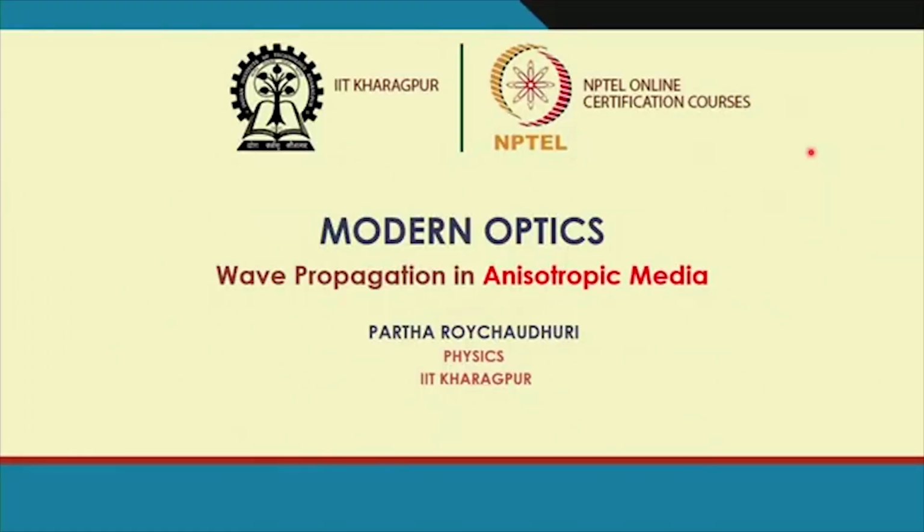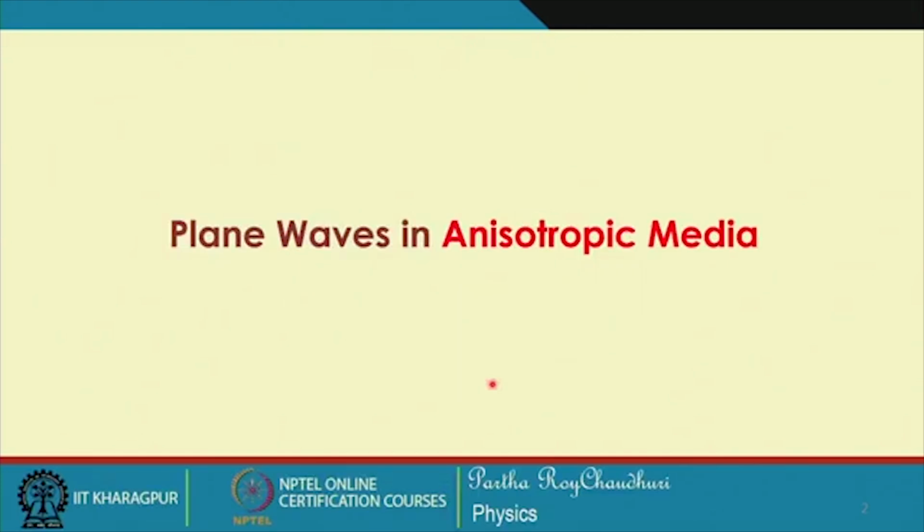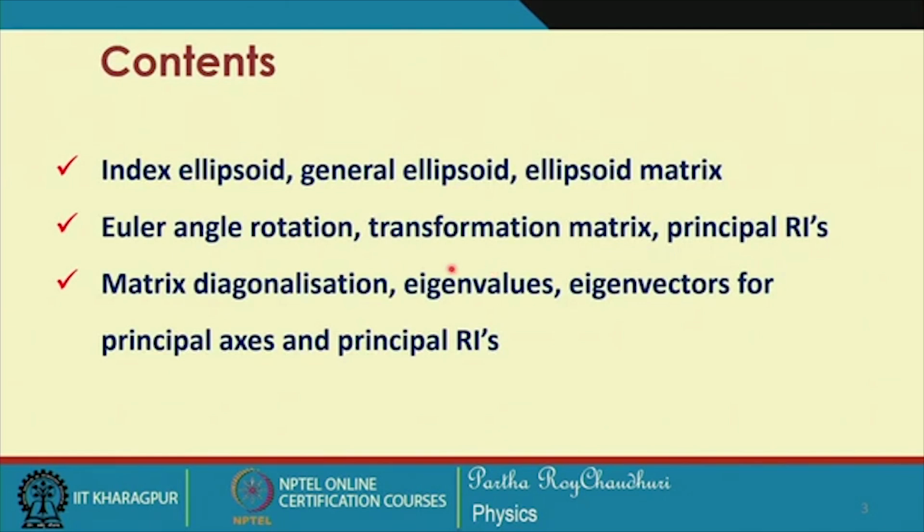So, we have seen plane waves in anisotropic medium, and it is very interesting to note that the electric field vectors experience two different refractive indices in an anisotropic medium, particularly in uniaxial medium. We have seen that the ray velocity and the wave velocity are different.